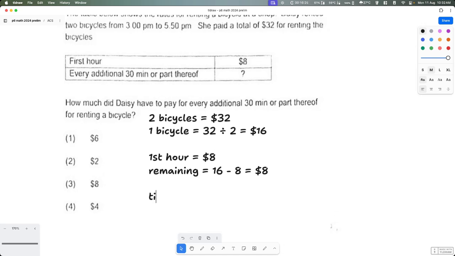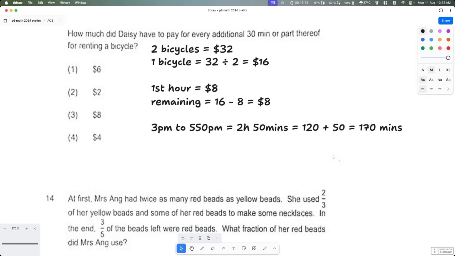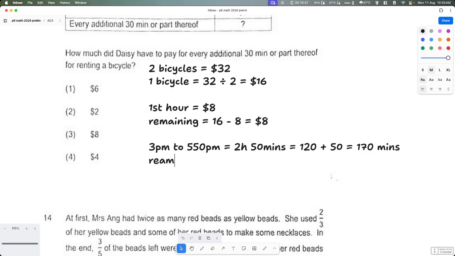And then the time that we have, 3 p.m. to 5:50 p.m., is equal to 2 hours and 50 minutes, or 120 plus 50, which is equal to 170 minutes. So the remaining time is equal to 170 minus the first hour, or in this case 60 minutes. So 170 minus 60 gives us 110 minutes.